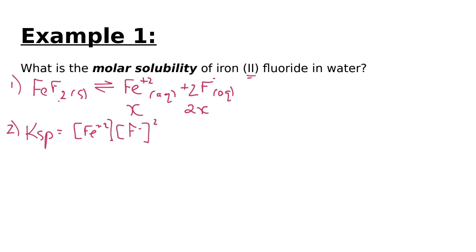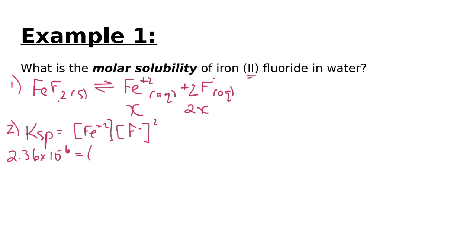We go to our data booklet, we look up the Ksp of iron(II) fluoride. If it's not there, we just hop onto Google, find it there, and we get a value of 2.36 times 10 to the negative 6 as the Ksp of iron(II) fluoride.